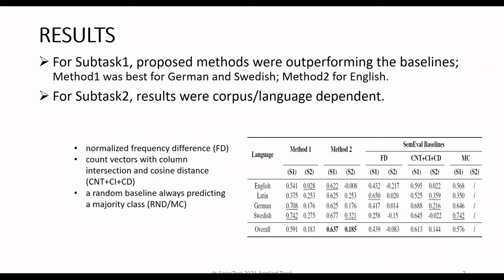In the overall comparison with all the other systems, our system was in the top 5 in subtask 1, while in subtask 2 we were in the 15th position, I guess. So quite a lot of improvement is required in the ranking part, which is quite challenging.